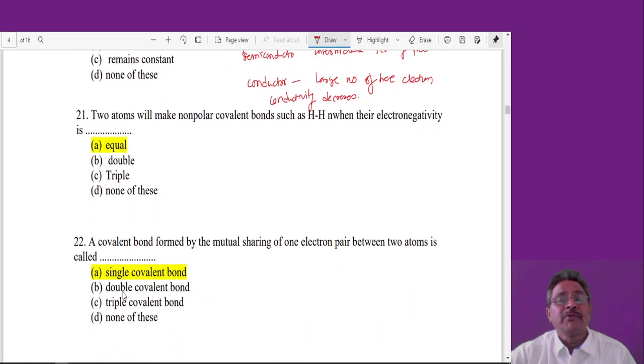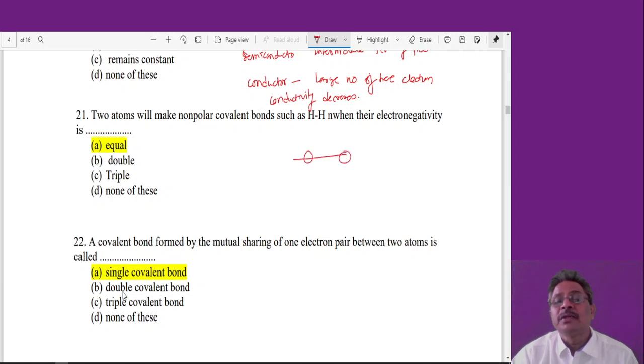Now question number 21: two atoms will make a non-polar covalent bond such as H-H when their electronegativity is equal. Non-polar means they are in the same line.